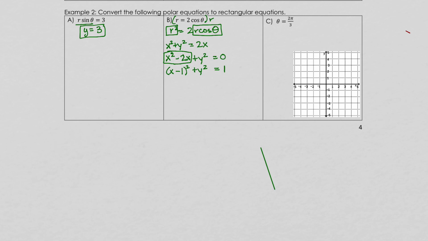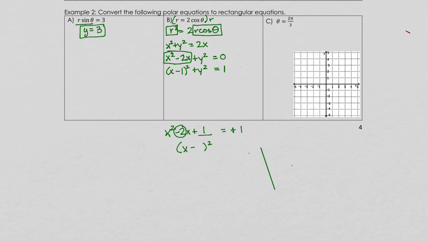Okay, so that was complete the square. Remember, complete the square is when we have x squared minus 2x plus some number, and then it equals something. But we want to write this as a binomial squared. So to get that, you take b, you half it, you get negative 1, you square it, you get a positive 1. But if you add something to the left, you add something to the right.